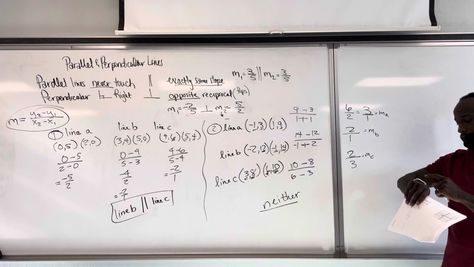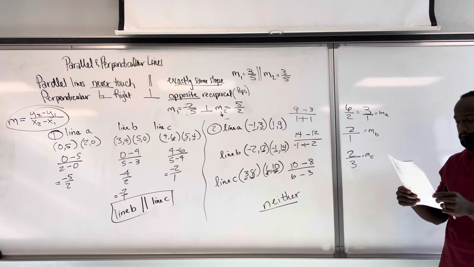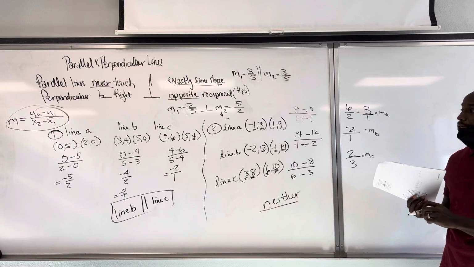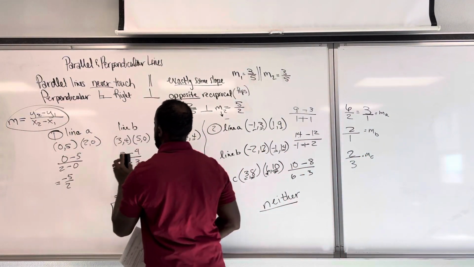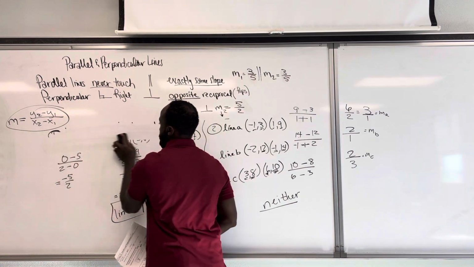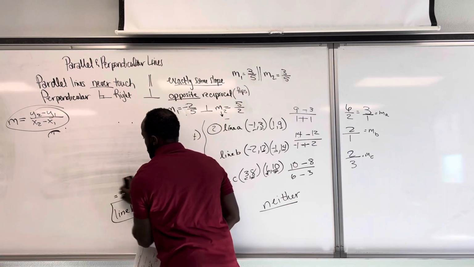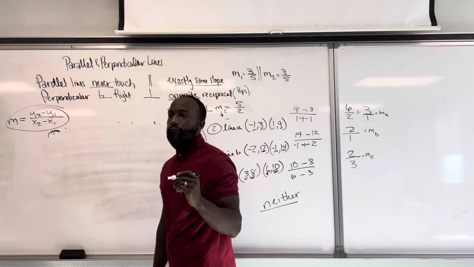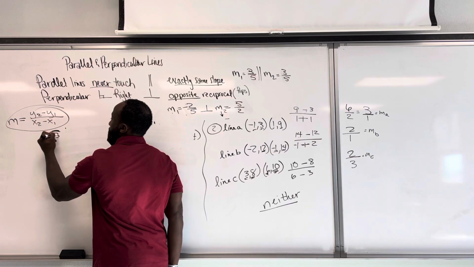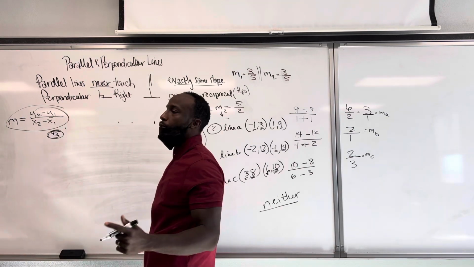Okay? All right. Let's look at number 3. Number 3, we have equations. So now we're going to figure out if lines are parallel or perpendicular based on looking at equations.